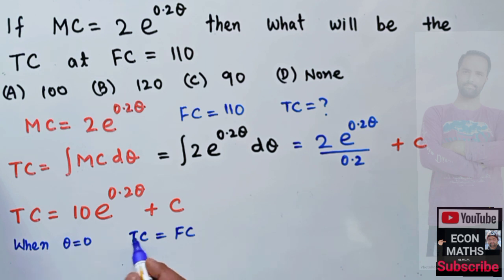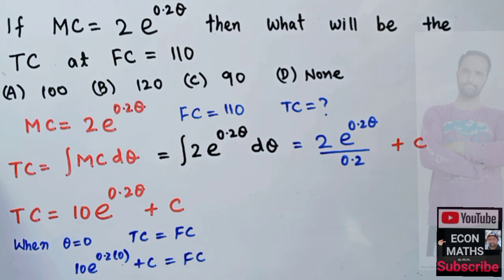When q is equal to 0 in this function, in place of q we write 0. That means we will have 10 e to the power 0.2 times 0 plus c, which should be equal to fixed cost.